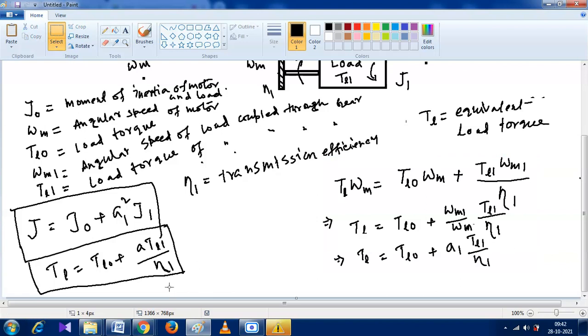For m number of loads, what should be the equation?